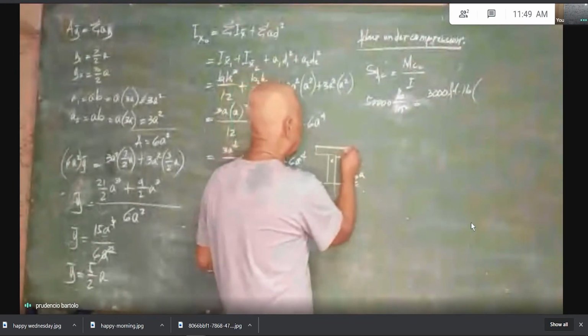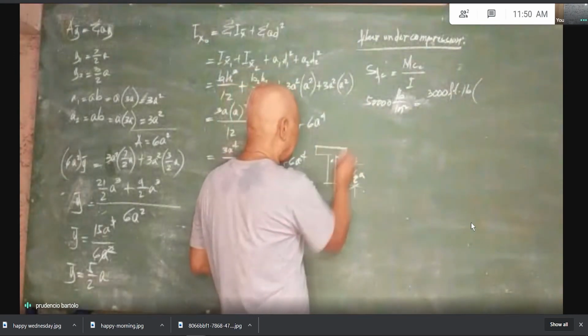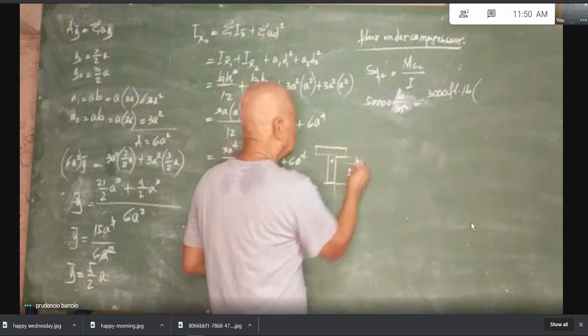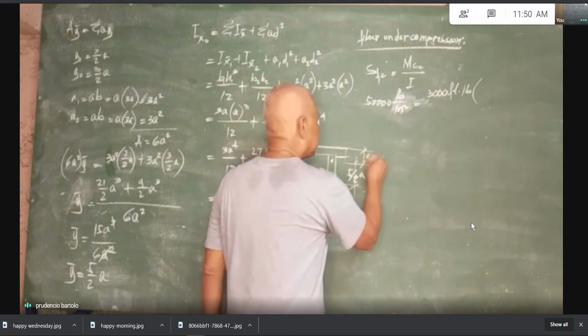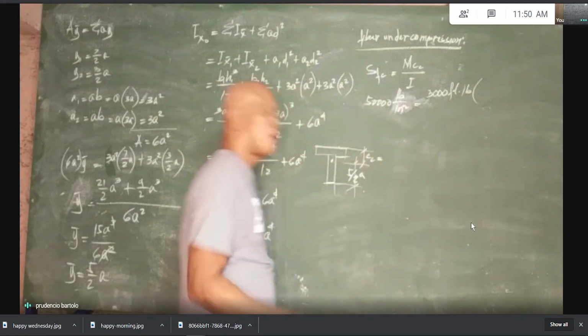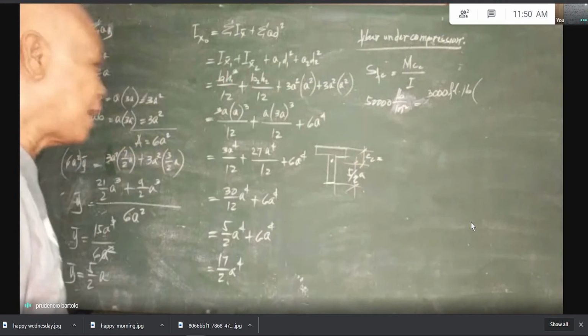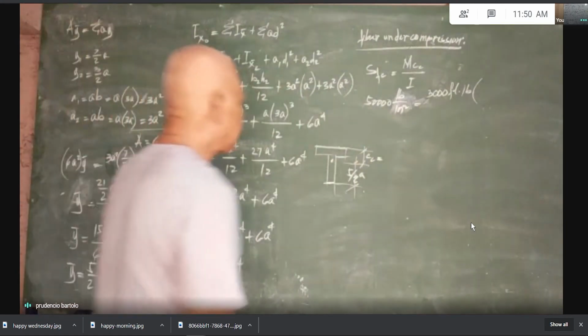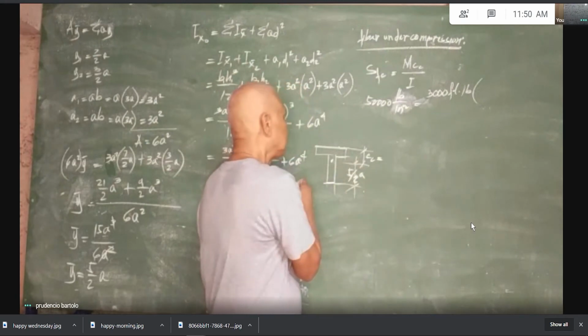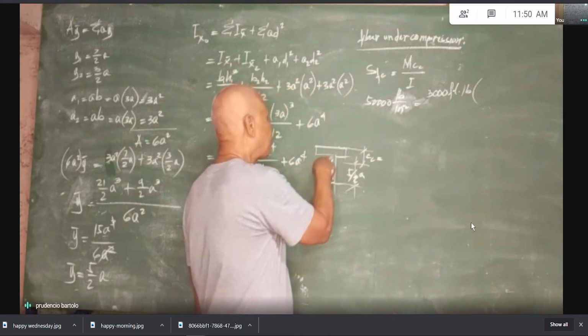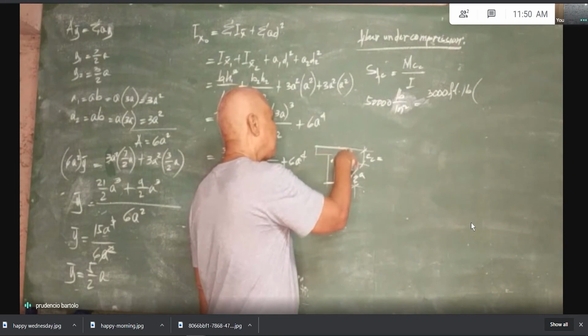So outer fiber, this upper fiber, lower fiber here. So we take this distance, which is the C under compression. If that is the C under compression, that will be equivalent to half of A in here and A in there.